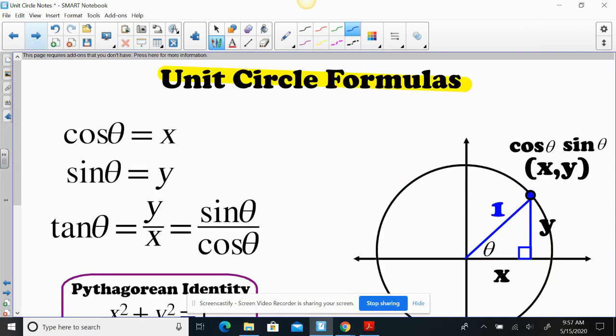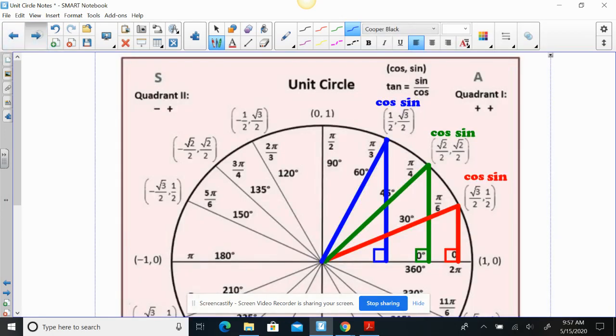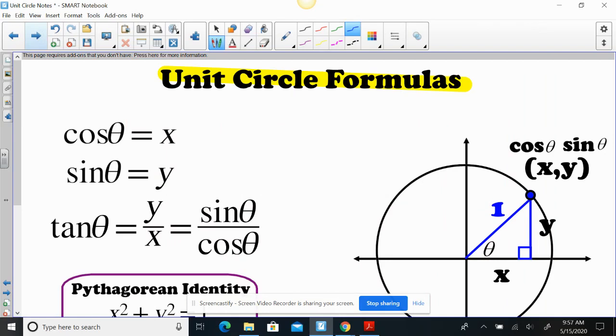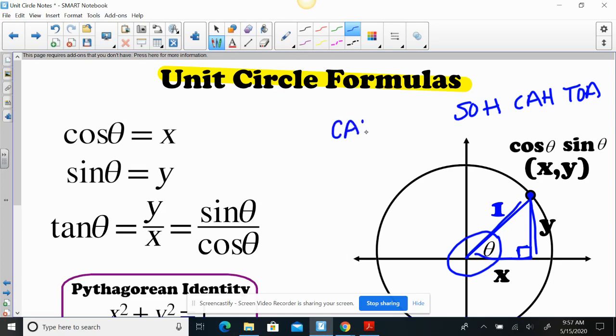Don't bother copying that down yet because I am going to talk a little bit more about that. So let's just look at these triangles a little bit more. If this is a right triangle, the second lesson we had you do was SOHCAHTOA. And we had you do SOHCAHTOA so that if we are using this as a reference angle and I asked you to find the cosine of theta, you would say cosine is CAH.